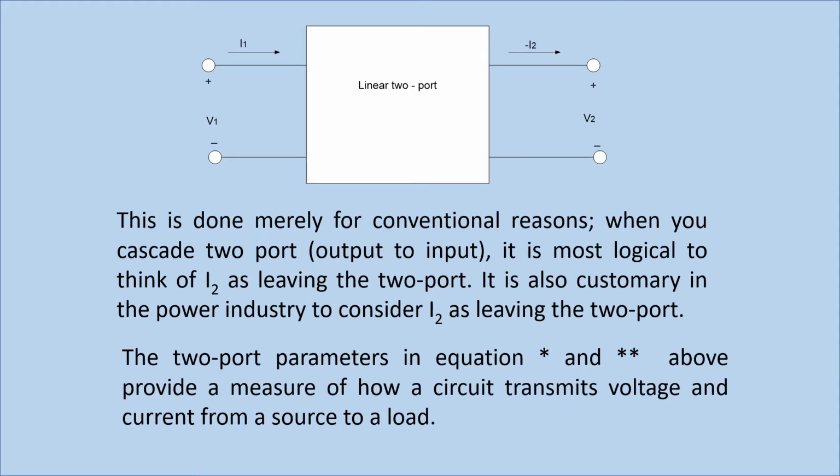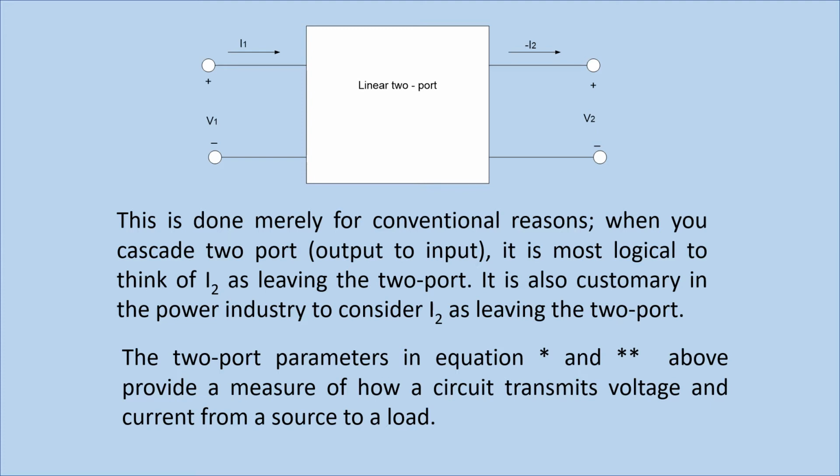In this diagram, we can see that minus I2 is flowing out of the network, unlike what we had in the admittance and impedance parameters, in which I2 flows into the black box, but in this case it is flowing outside.